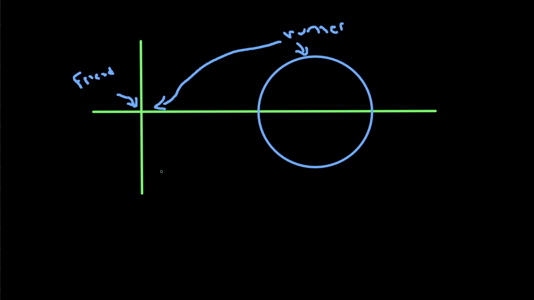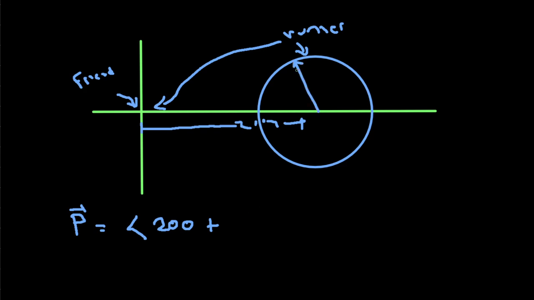And if you might already know this, but I'm going to go ahead and write that the position vector P is equal to 200 meters plus the x component of the vector, which is going to be r cosine of omega t.